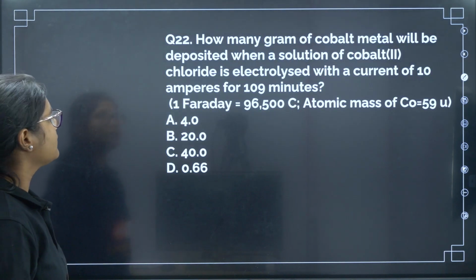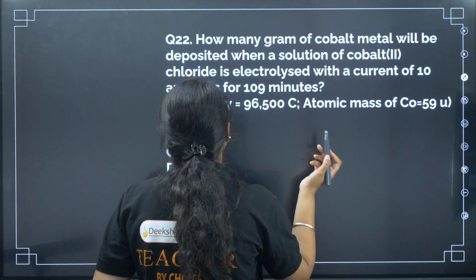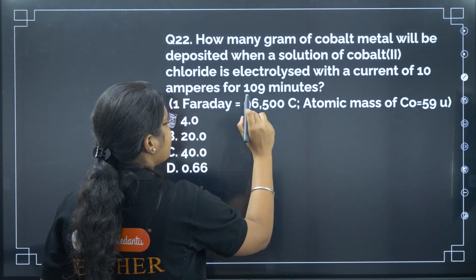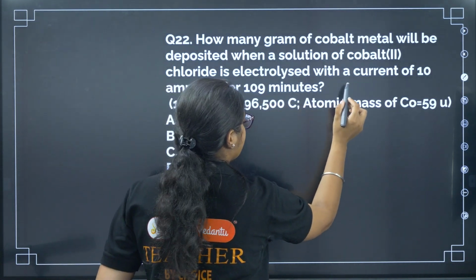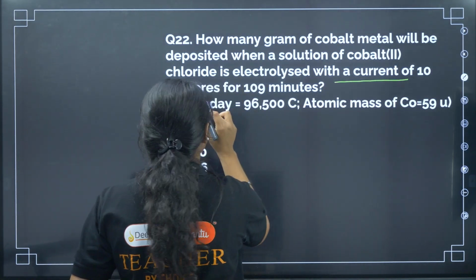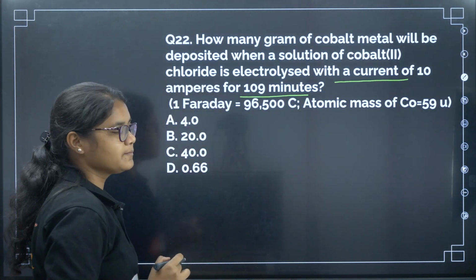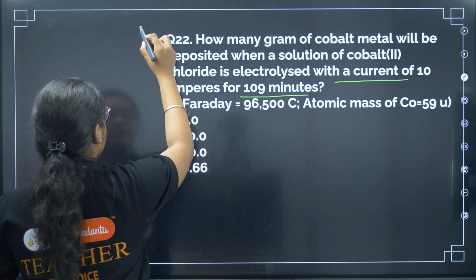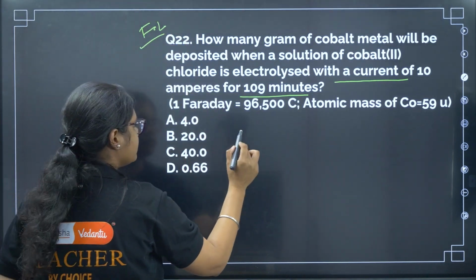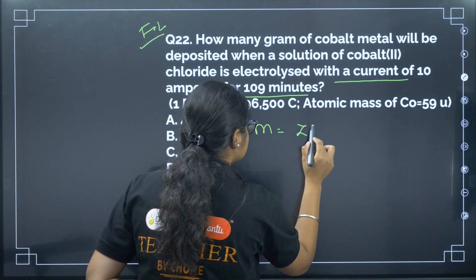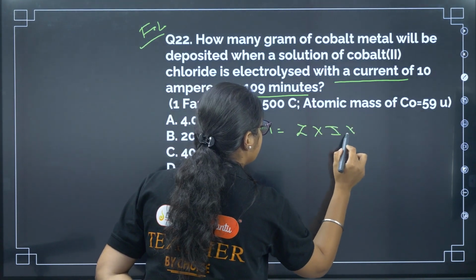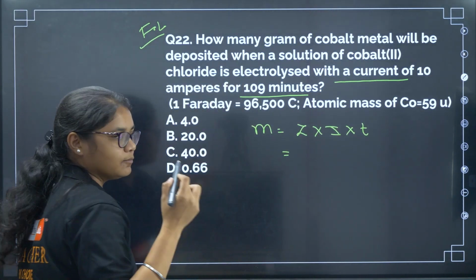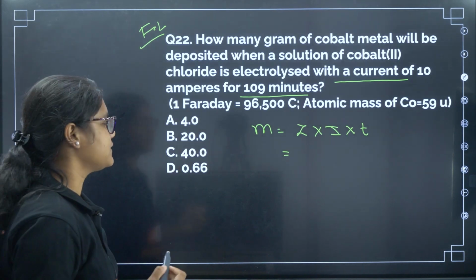Okay. Now coming to the next question: how many grams of cobalt metal will be deposited when a solution of cobalt chloride is electrolyzed with a current of 10 ampere for 109 minutes. So this question is again from Faraday's law. We have to use the formula M is equal to Z into I into T. So Z is molar mass by n by 96500.